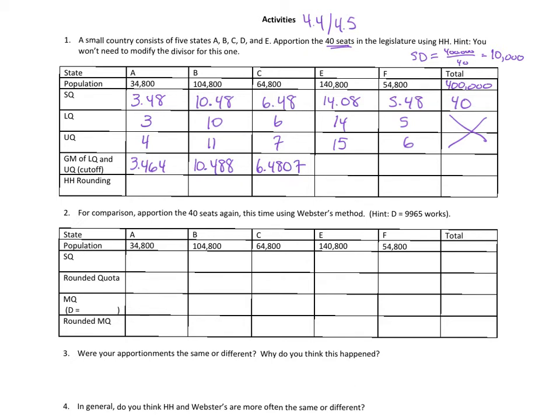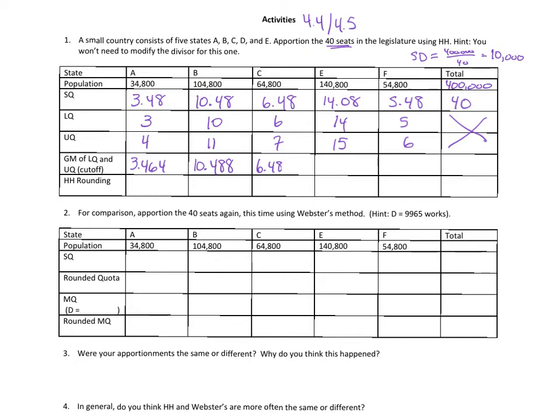A question I get a lot is how many decimals do you need here? You need enough decimals to be able to compare this number to this number. So if I had rounded this to 6.48, at the step where I have to decide how to round, I need to compare this number to this number. But they look the same if I had rounded this one, but they're not the same, right?